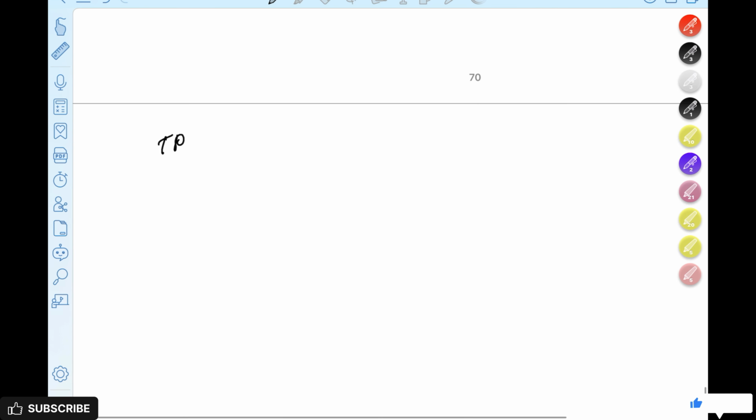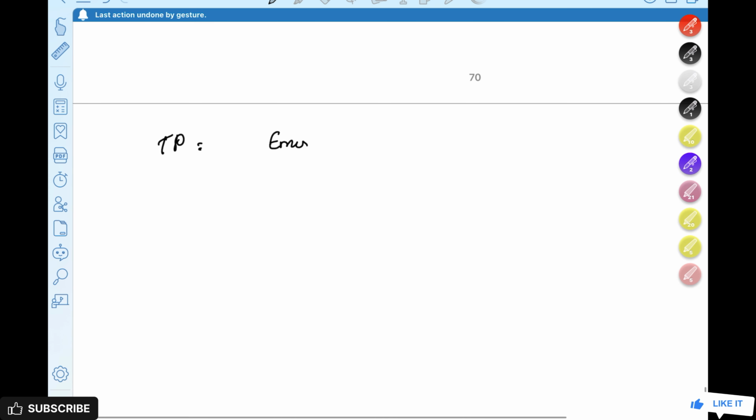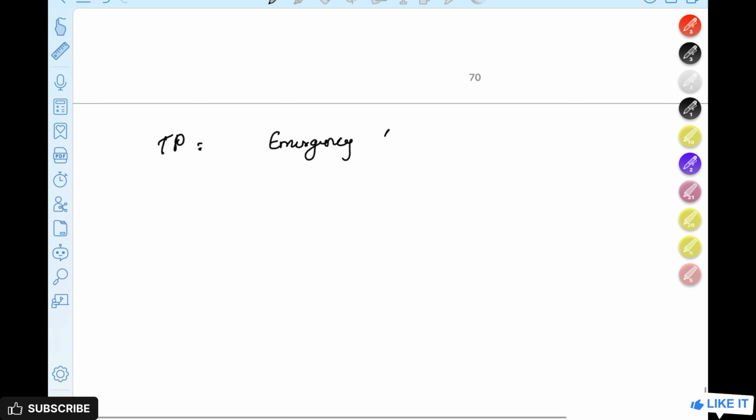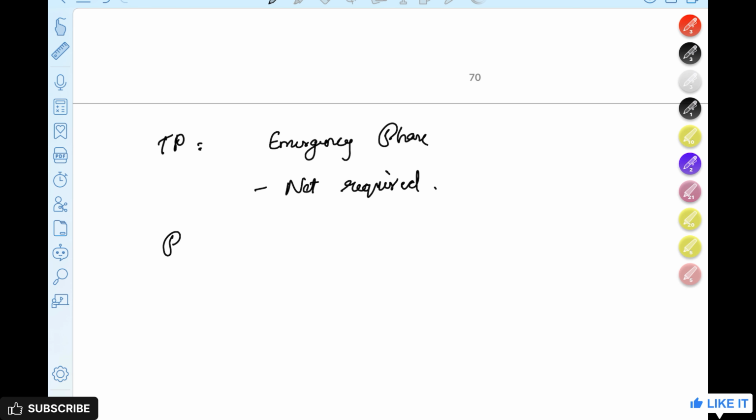The treatment plan: there will be no emergency phase, so in the emergency phase we will write not required. Next you will write phase 1, etiotrophic phase or non-surgical phase. Here you will write first scaling and root planing.